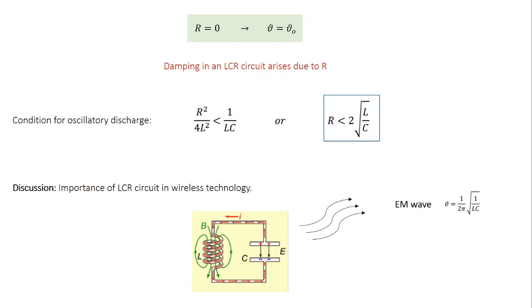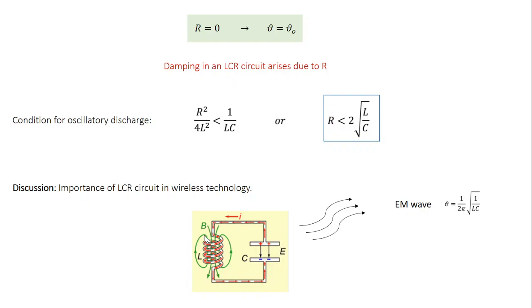So positive cycle, negative cycle gets over, the next cycle comes. During the next positive cycle, the capacitor gets charged. So once again, the energy stored in the magnetic field of the inductor gets converted into the energy stored in the electric field of the capacitor. Once again, the capacitor gets discharged, so energy goes back to the magnetic field.